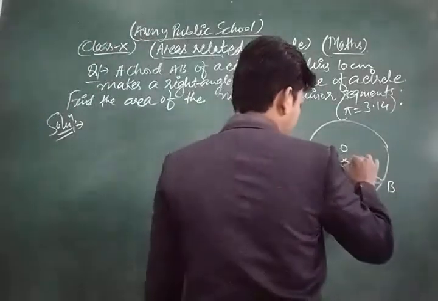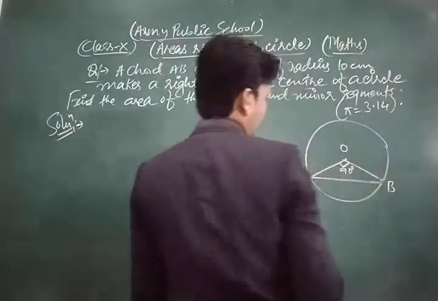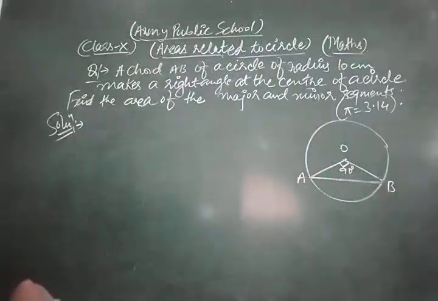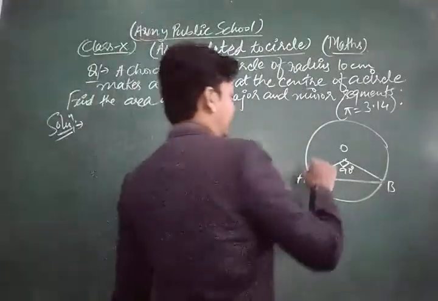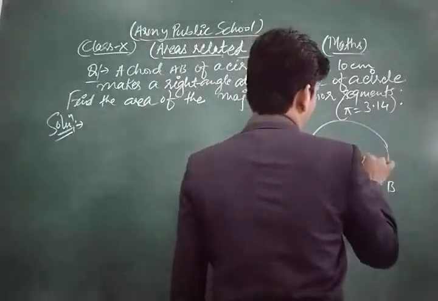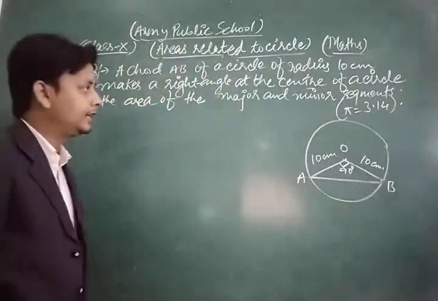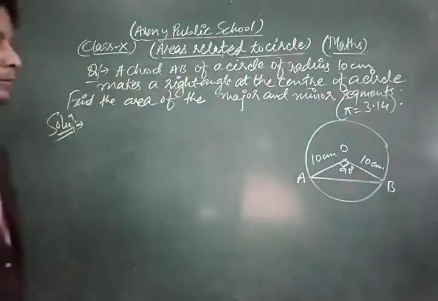Right angle is 90 degrees. And the radius of the circle is 10 centimeter, meaning OA and OB are equal to 10 centimeter respectively, and we have to find the major and minor segments.